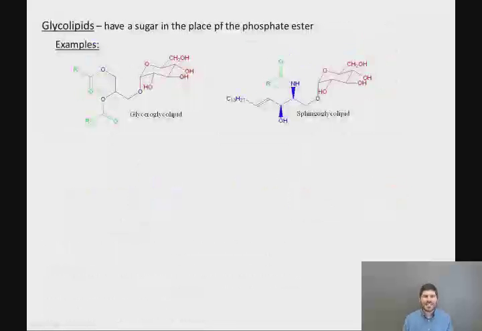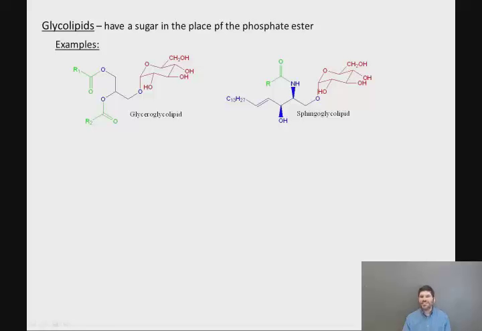So another class of lipids that you should be aware of are the glycolipids, and those are ones that have a sugar in the place of the phosphate ester. Okay, so you can have a glycerol-based glycolipid, so this looks exactly like a phospholipid. 2 of the 3 oxygens of glycerol are esters with fatty acids, but then instead of having the phosphate ester, you have, for example, here is a molecule of glucose, and there's an alpha glycoside bond present there.